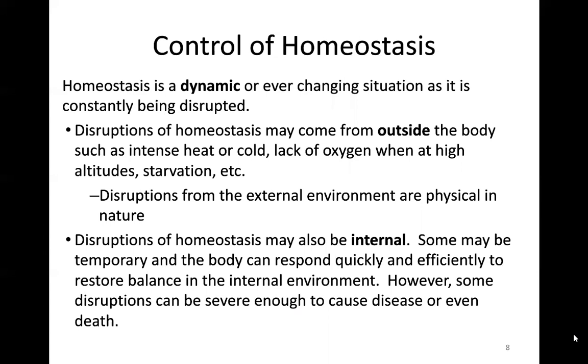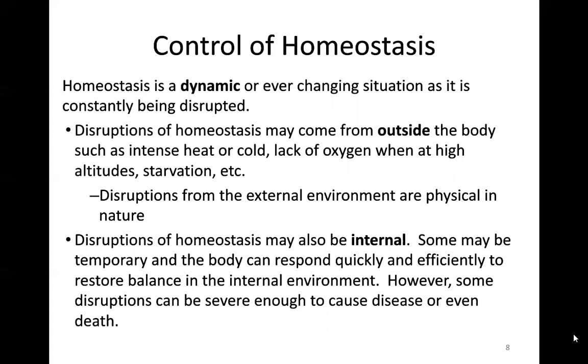Lack of oxygen at high altitudes, starvation, and the disruptions from the external environment are typically physical in nature. And some can be very extreme, like 130 degrees as it was in Death Valley last week, climbing to the top of Mount Everest. Some are much more subtle. They'll result in a big change to the body.